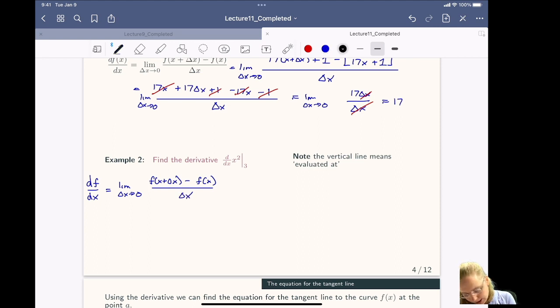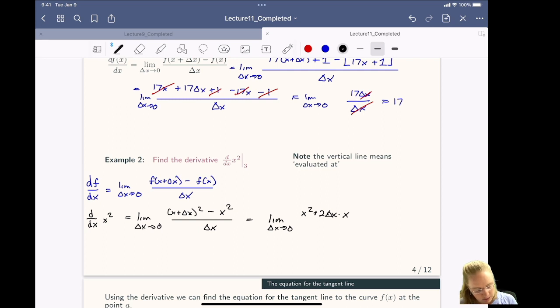And then in our case, this becomes d by dx of x squared is equal to the limit as delta x goes to 0 of (x plus delta x) squared minus x squared divided by delta x. Expanding, we have the limit as delta x goes to 0 of x squared plus 2 delta x times x plus delta x squared minus x squared divided by delta x.